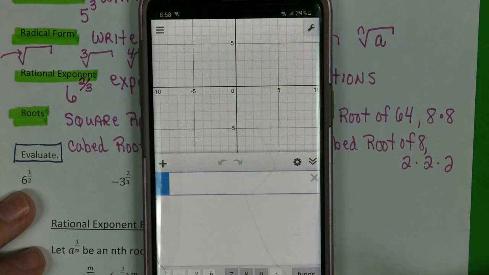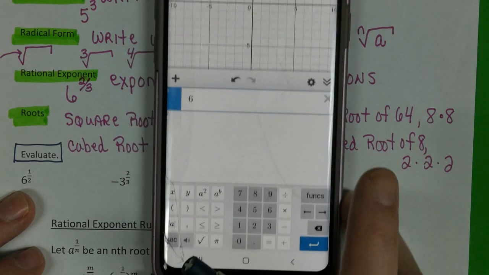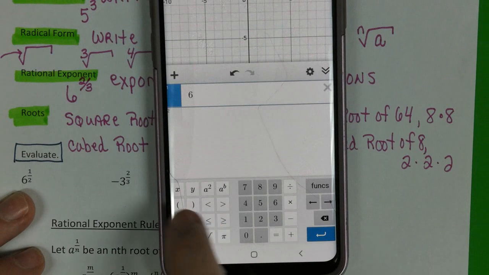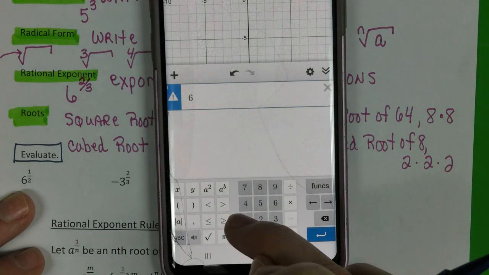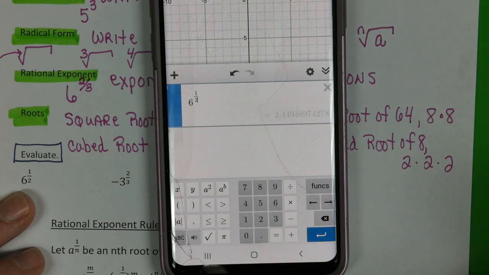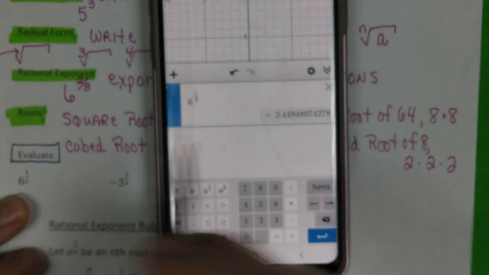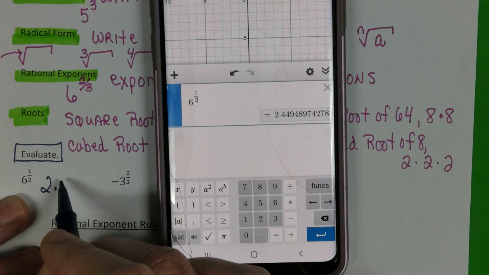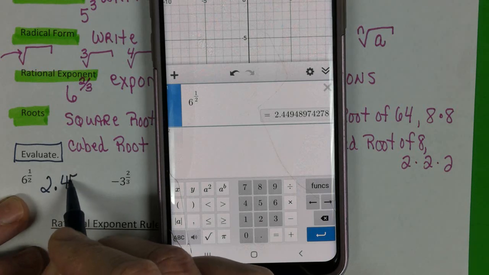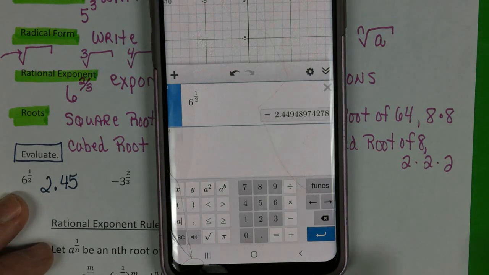If I want to calculate 6 to the 1/2 power, I'm going to type in 6. I'm going to make sure that I choose my exponent key that's going to allow me to put a fraction. So I'm going to do 1 divided by 2. You can very easily see that 6 to the 1/2 power, if we round this, would be 2.45.